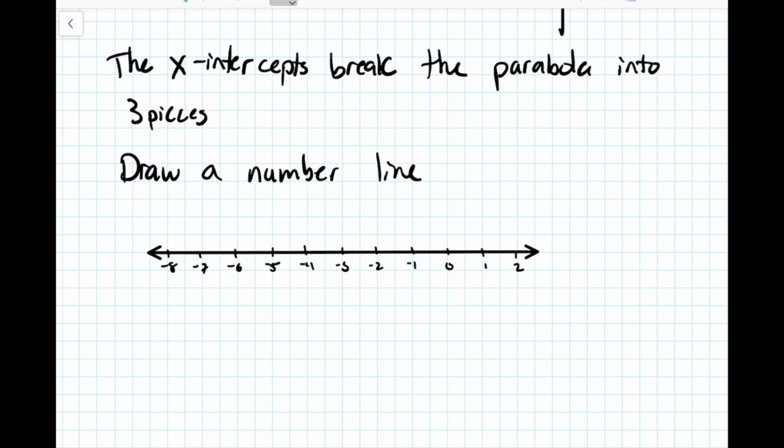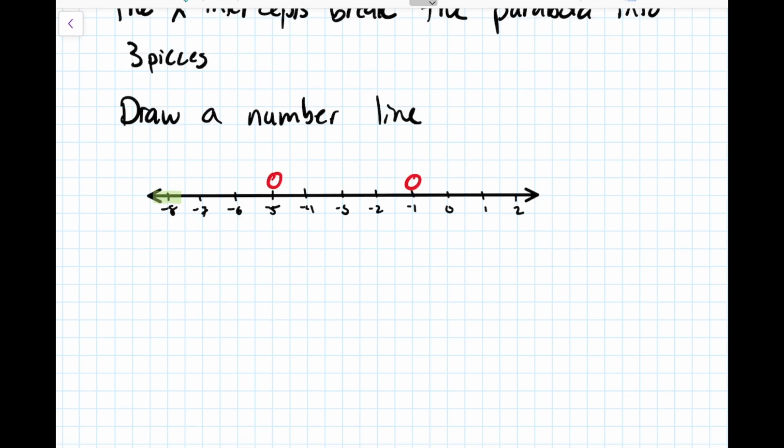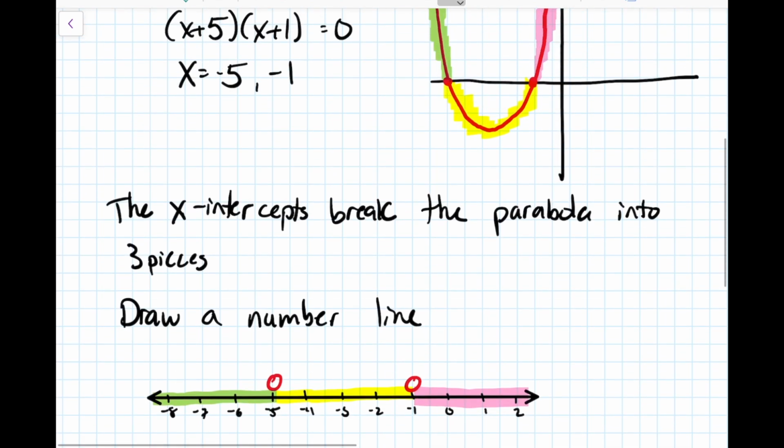Our x-intercepts that we just found at -5 and -1, right here and right here, break my x values, my domain, up into 3 pieces. We have the green piece on the left, the yellow piece in the middle, and the pink piece on the right. Those colors correspond to what we had here.